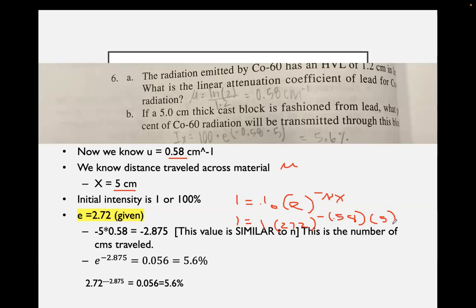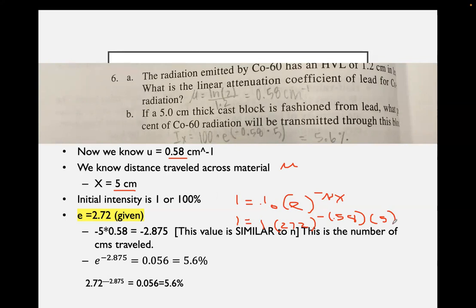So I'm going to go 0.58 negative times 5 is 2.9.